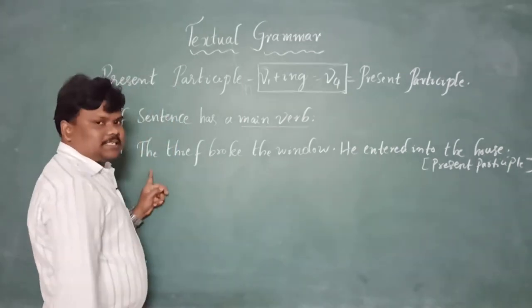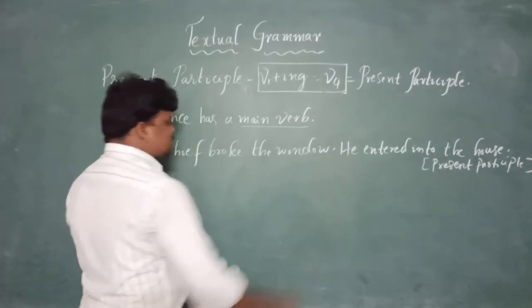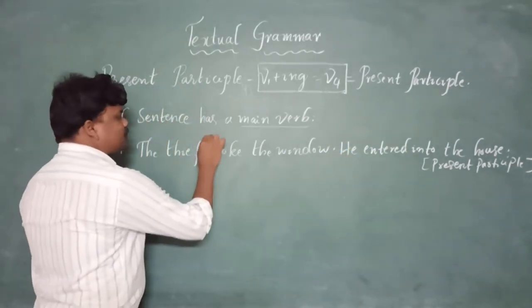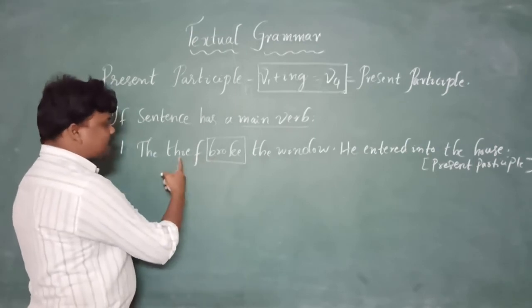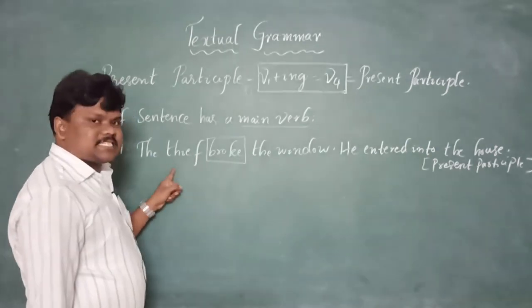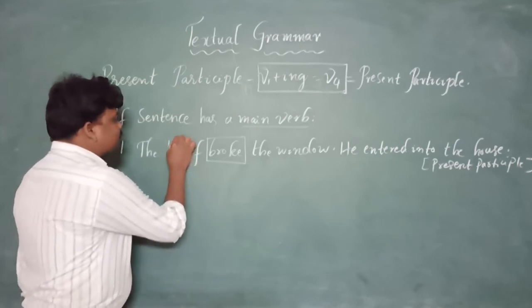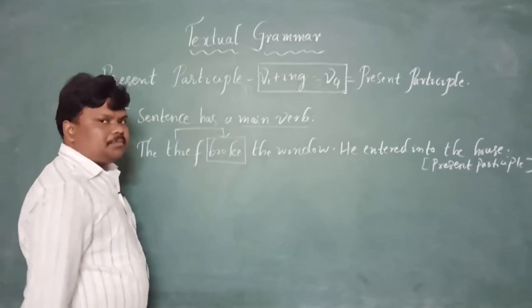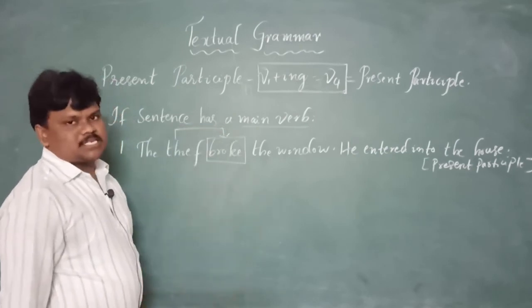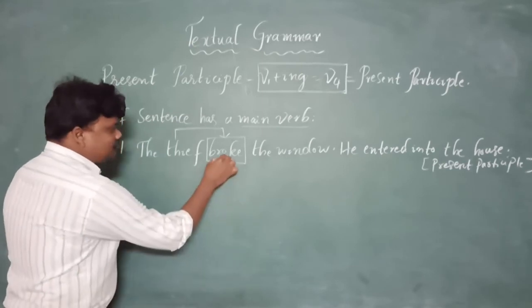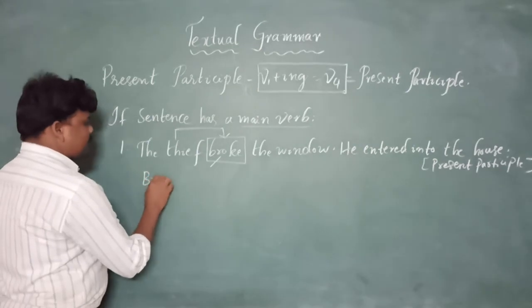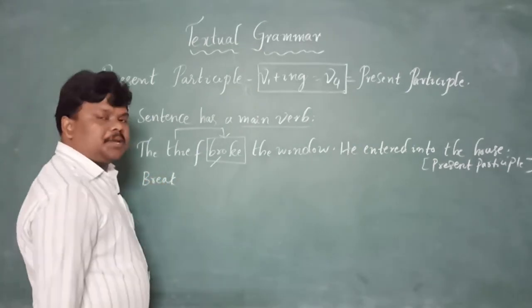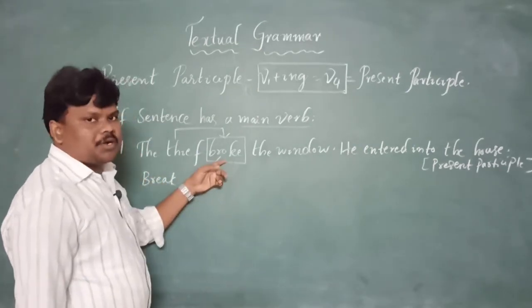Look at the first sentence. In the first sentence, if there is a main verb after the subject, this is the subject, the thief, and after the subject there is a main verb, how do we combine the two sentences? Just convert that main verb into V1. What is the V1 for broke? Break. Break is the V1 for broke.